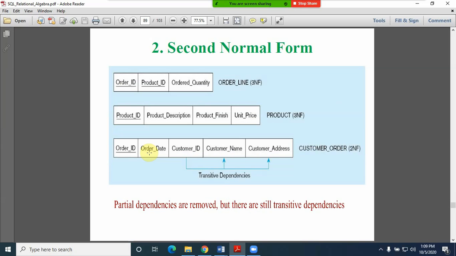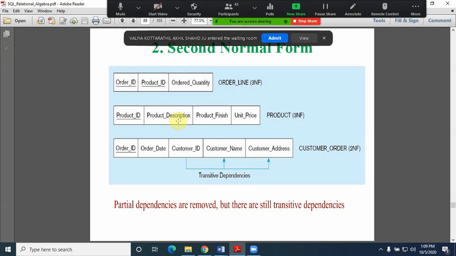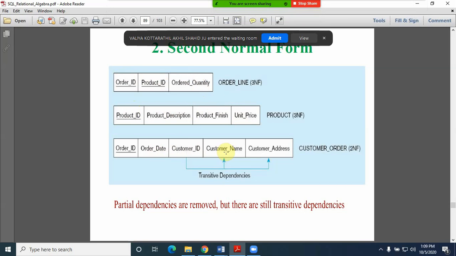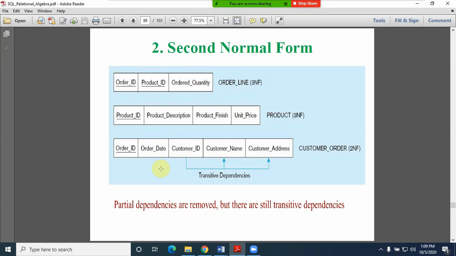The reason is that order quantity is fully dependent on order ID and product ID; product description, product finish and unit price are fully dependent on the product ID; and order date, customer ID, customer name and customer address are all fully dependent on the order ID. If you observe these three tables, they are all in the second normal form.